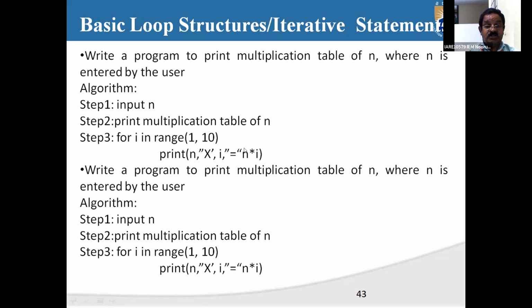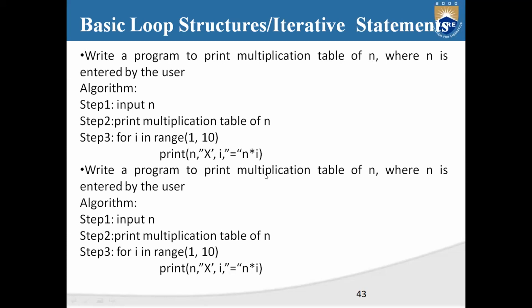Then 5 into 3, 15. So on and so forth. Up to 10 it is going to be written. Then it is going to increment to 11. Since 11 is not within the range of 1 to 10, it will come out of the loop. The simplest multiplication table of a given number, you are going to print that particular table.